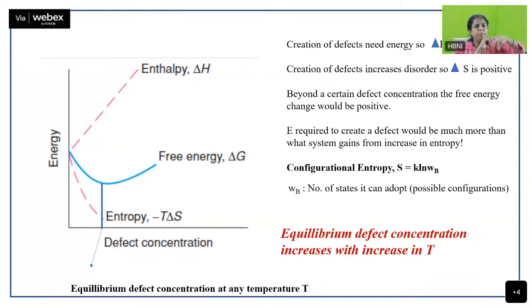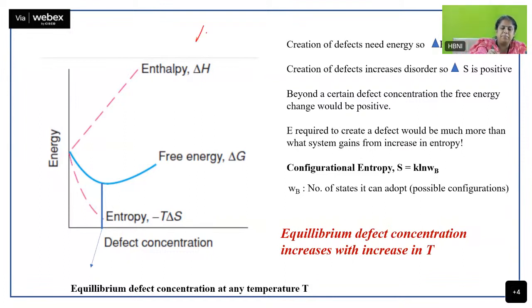Okay. You remove one atom. Now, of course, once you are removing one atom, you have to break all the bonds because it is surrounded by neighboring atoms, 4, 6, 12, whatever is the coordination number. When you want to break the bond, energy is required. So this is endothermic. Okay.